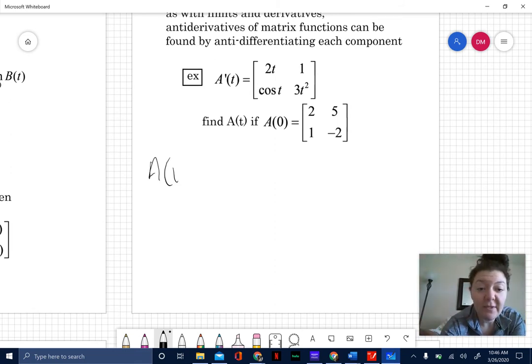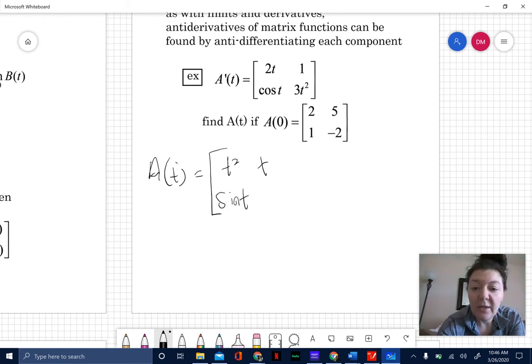A of t equals, so anti-differentiating here, t squared. Here we would get t. We get sine of t. And here we would get t to the third. So we're just going to add C on at the end of that.